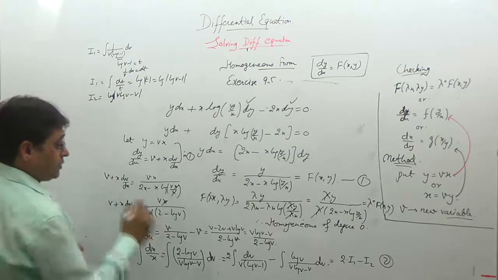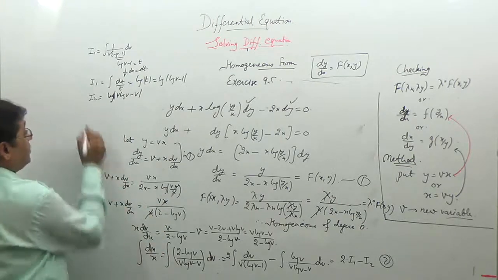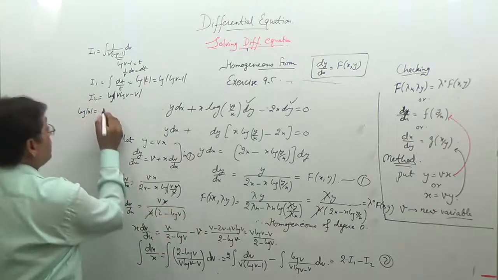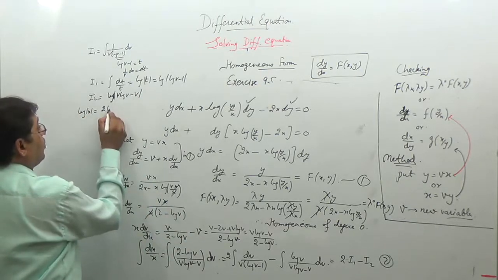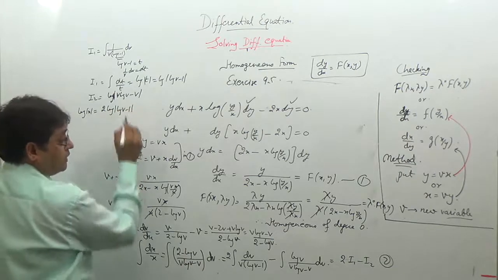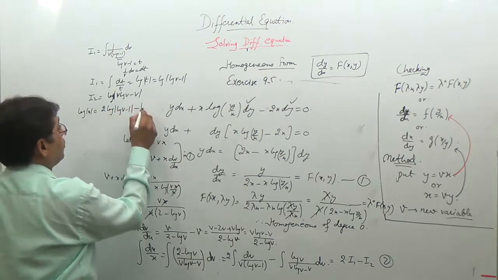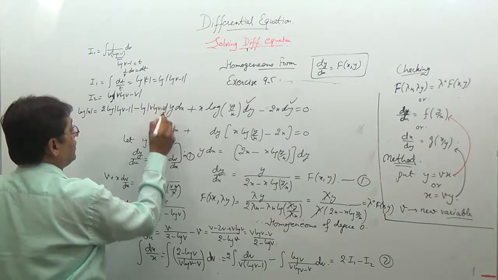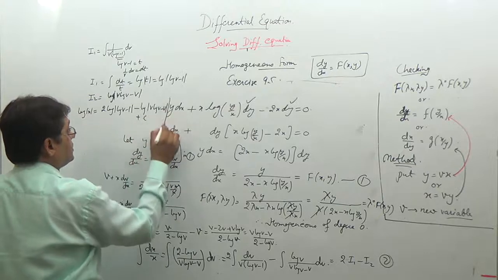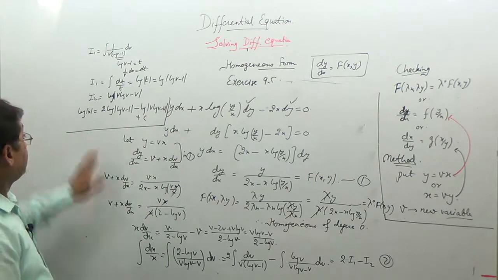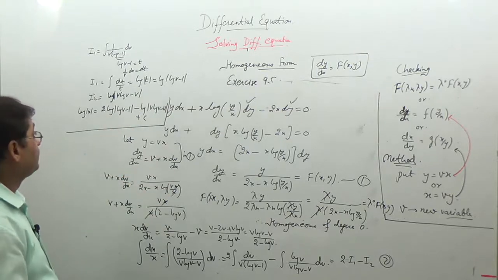So you will get integration of 1 upon x is log of mod x is equal to 2 times I1, that is 2 log of log v minus 1, then minus of I2, that is log of v log of v minus v plus a constant c. Now substitute the value of v.